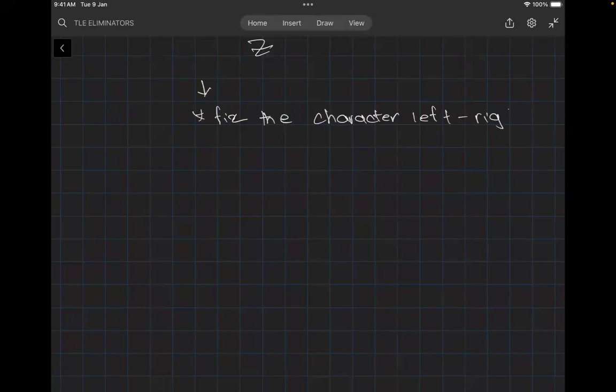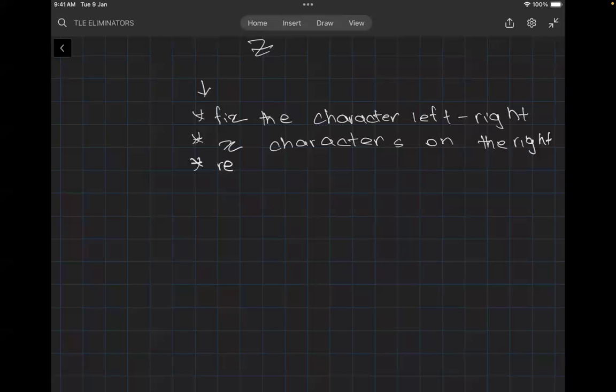When we are trying to fix a character, let's say there are X characters on the right of whatever index you are at. Then the condition we want is that the remaining sum should be smaller than or equal to X into 26. This is the condition we have to satisfy.